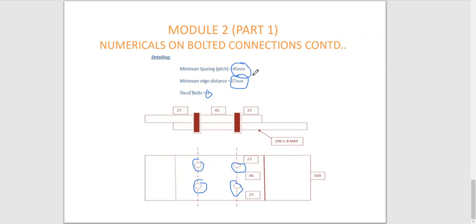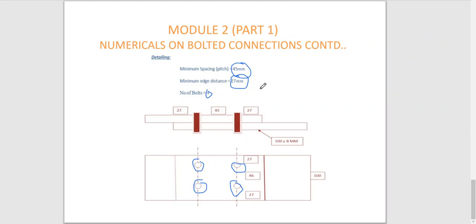So we have used here the minimum values we got from the calculations. Here you can see the minimum edge distance is 27 mm, which we got from the calculation. But if you want to make it more, say about 30 mm, you can also have that choice as a designer.